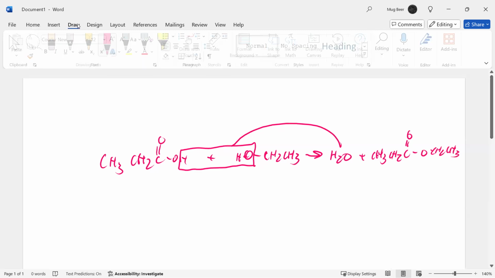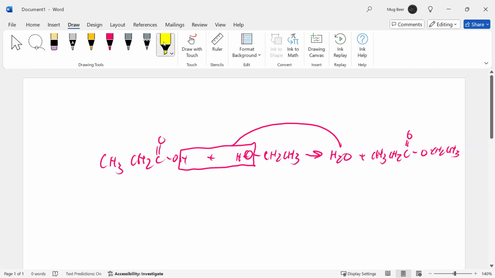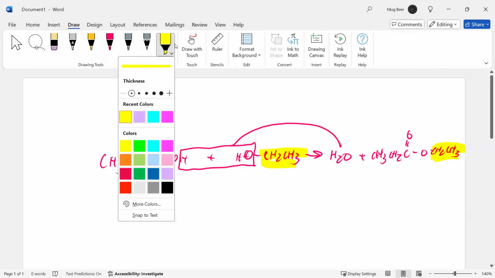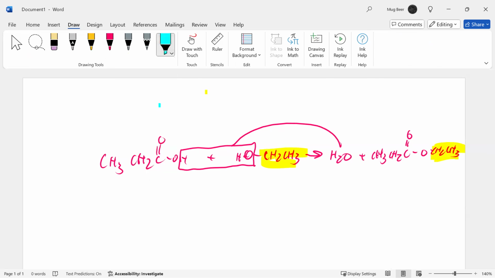So this is this. And all of this is this part right here. So it's a dehydration reaction, water disappearing, and we're left with this ester.